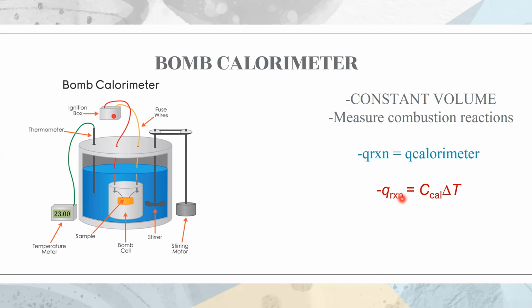But to review a little bit, we have two types of calorimeters: the coffee cup calorimeter and the bomb calorimeter. And the bomb calorimeter would probably be the best option that we have.